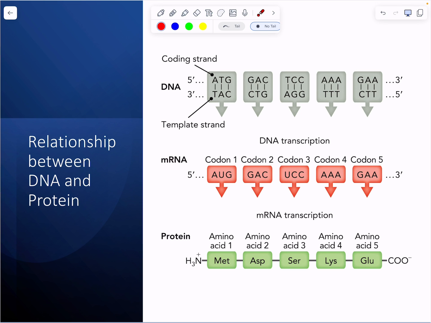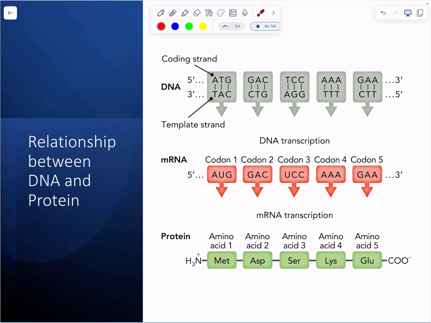Now, if you take the 4 bases and come up with all possible combinations of 3 letters, you get 64 different possibilities. But we only have 20 amino acids, so the genetic code is what we call degenerate.